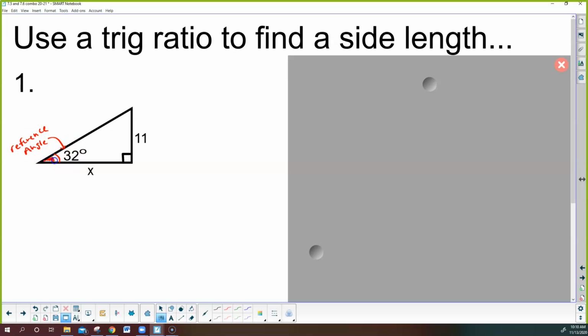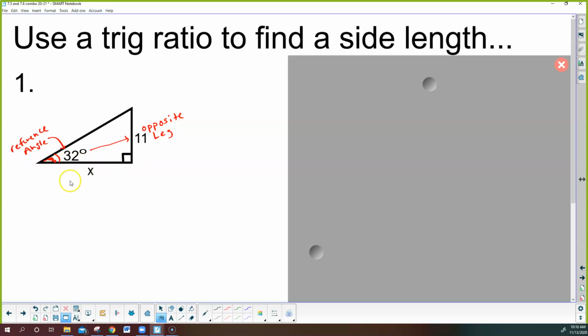If 32 degrees is my reference angle, then I'm going to go right across from that. And the 11 is in the spot of the opposite leg. And then we got to look and see, okay, I want to find the x value.